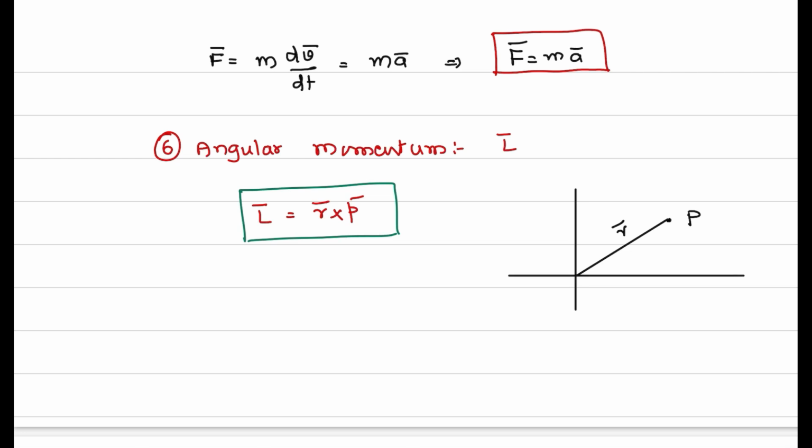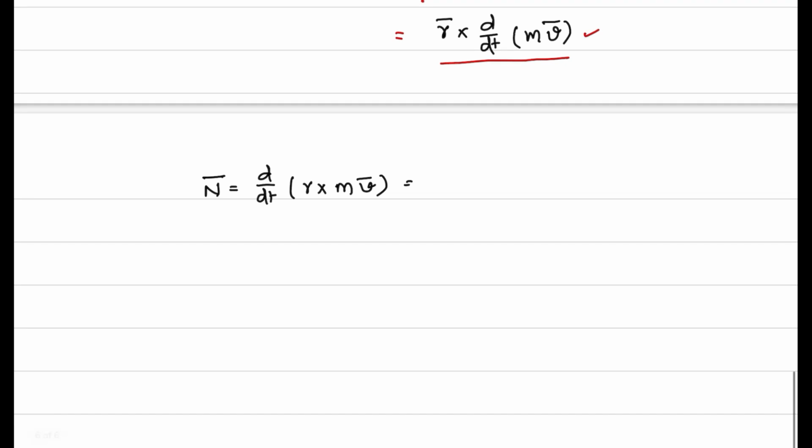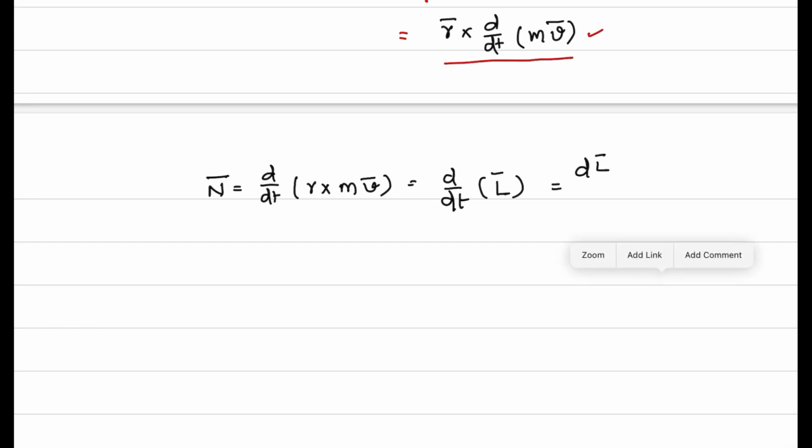Because r cross mv is angular momentum. This is d by dt of angular momentum L, that is equal to dL by dt.